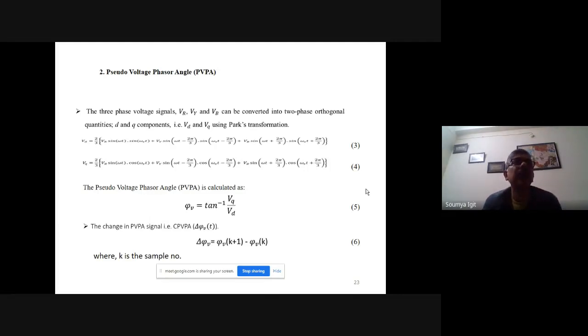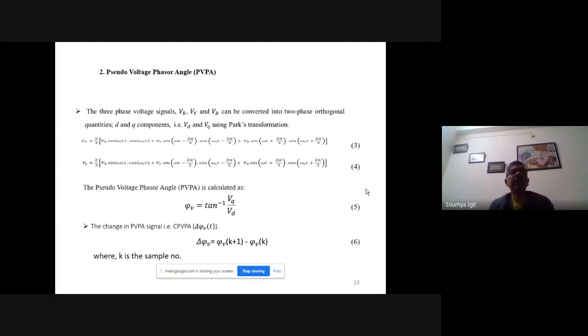In a transmission network, the unbalanced condition prevails. But in a distribution network, and particularly in the active distribution network, the sequence component based analysis sometimes becomes a challenge. Here you are getting the analysis in the sequence component based and some transformation based, obtaining the pseudo voltage phasor angle.